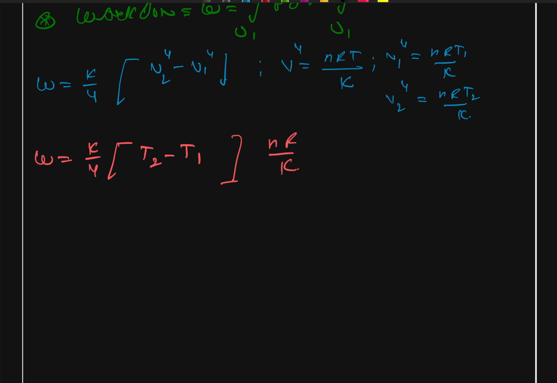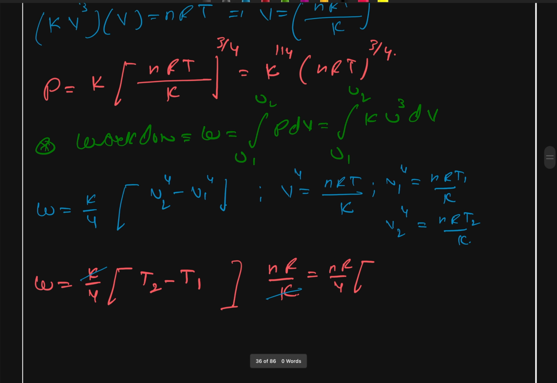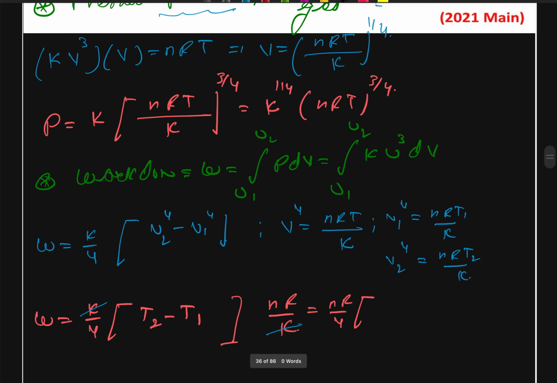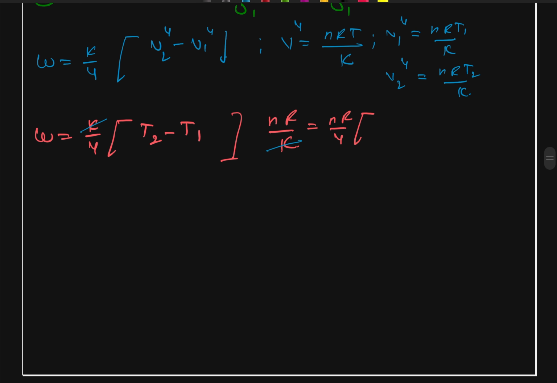And we substitute the temperatures. So here K and K cancel out. So this comes as nR upon 4. T2 is our 300 centigrade, so 300 plus 273 will be 573 Kelvin, minus 100, and that will be 373 Kelvin.